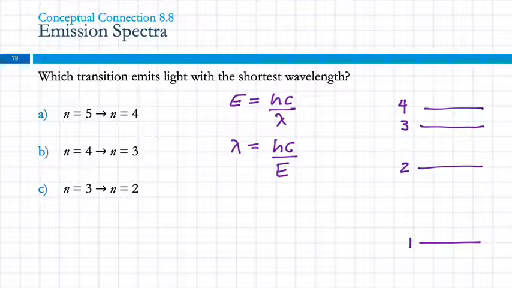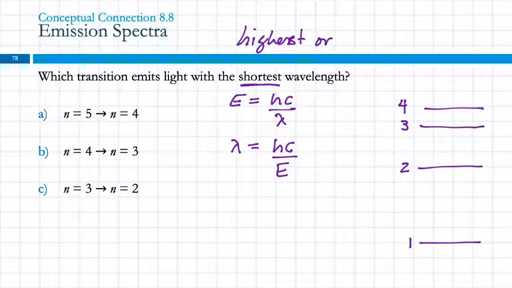So if I've got short wavelength, is this the one with the most energy change or the least energy change? The least, no, the most. Short wavelength, high energy. Okay, so short wavelength, so we're looking for the highest or largest energy change, delta E.